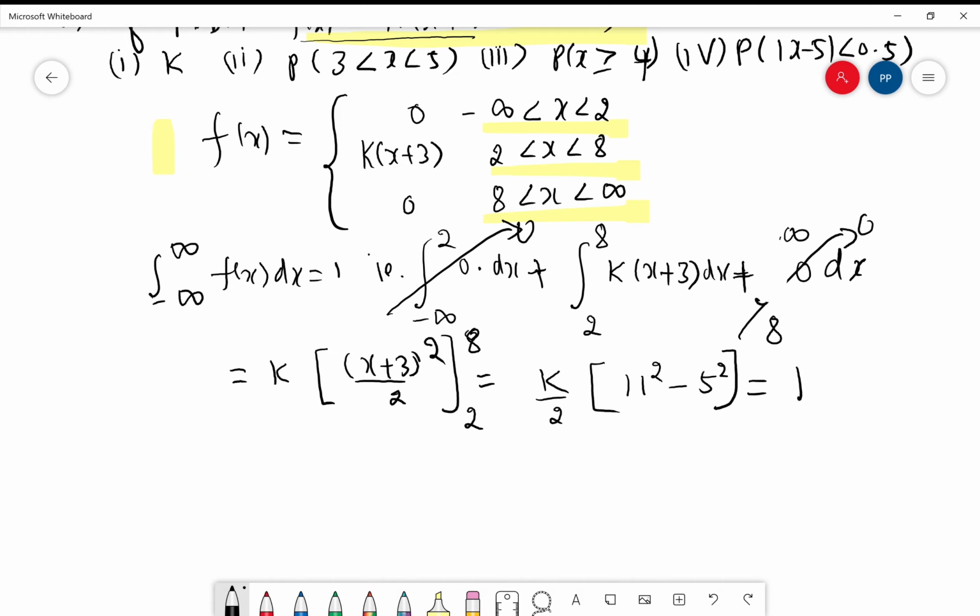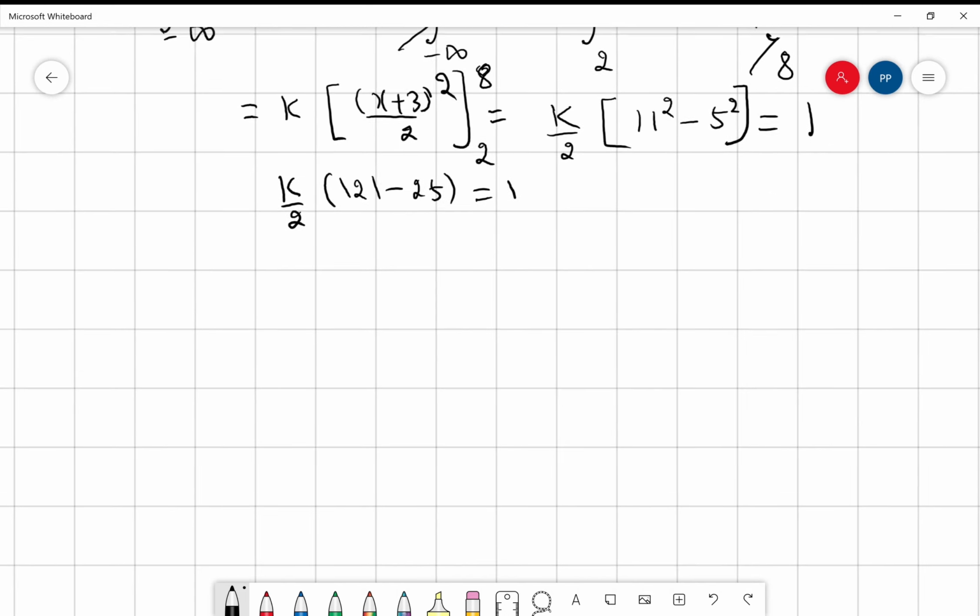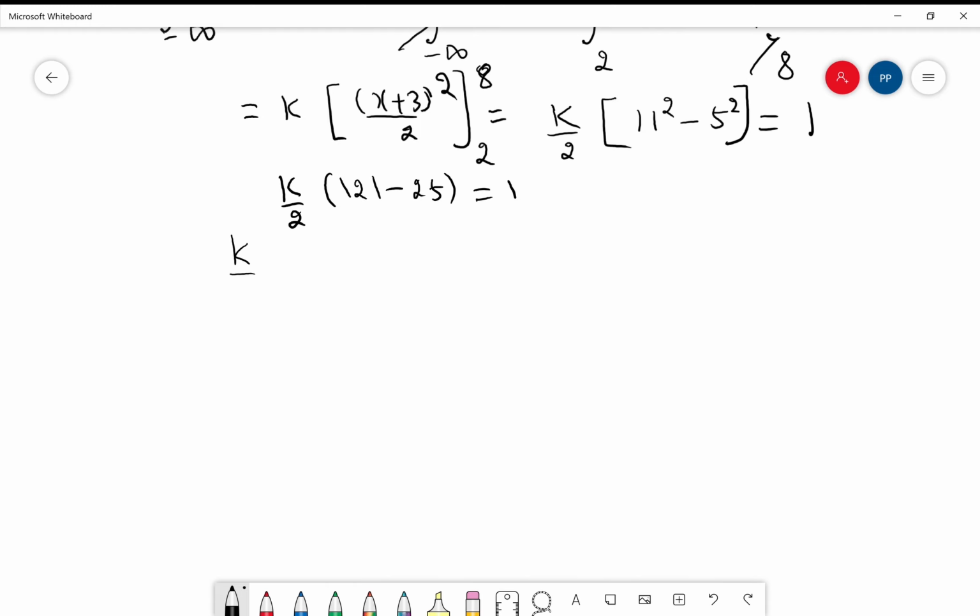So simplifying, you are getting k by 2 into 11 square minus 5 square, which is 121 minus 25, that is k by 2 into 96 equals 1. Therefore, k equals 2 by 96, which is nothing but 1 by 48. This is the value of k.